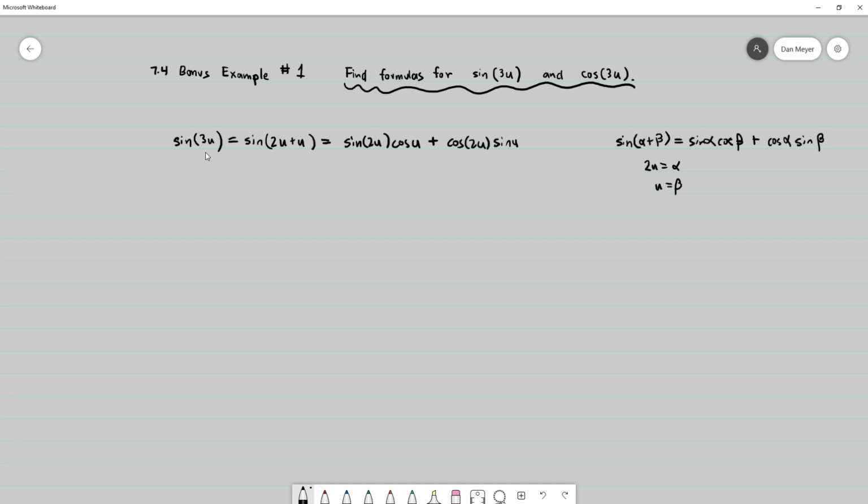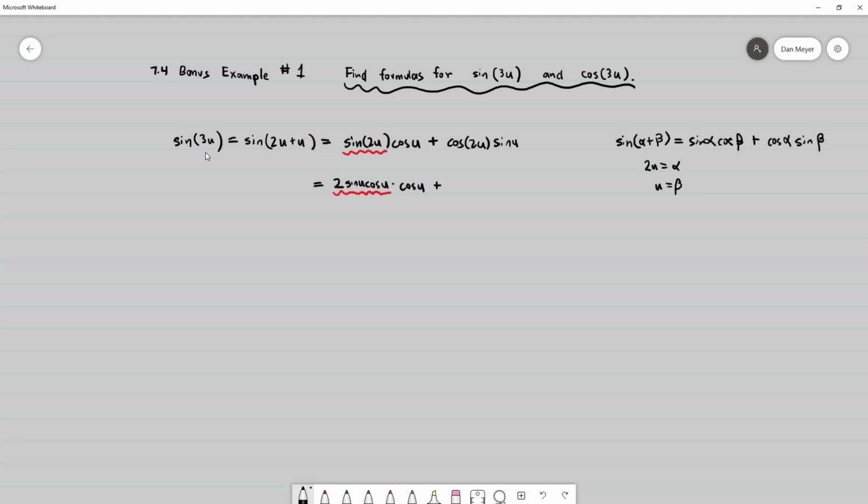Now we have the opportunity to use a couple of double angle formulas. Sine of 2u is 2 sine u cosine u, times cosine u.